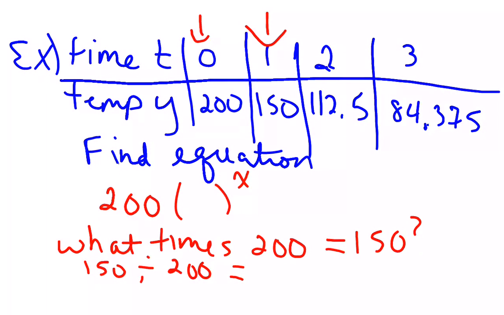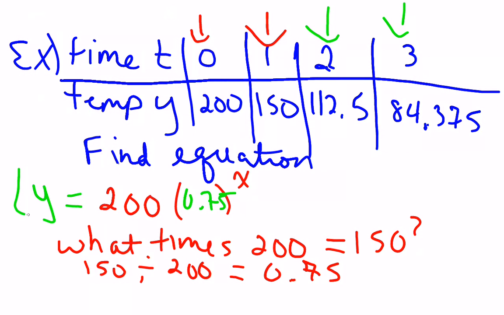Whether you use a calculator or not, we get 3/4 or 0.75. And so that's what's going to go in our parentheses that I created, 0.75. Then we can always test it with these other points. If I take 0.75 to the second power and multiply it by 200, do I get 112.5? And then I could test it here as well. Our equation then becomes 200 times 0.75 to the x power.